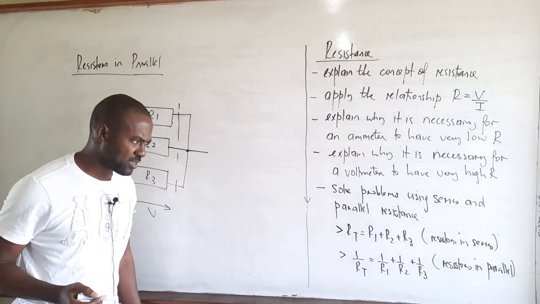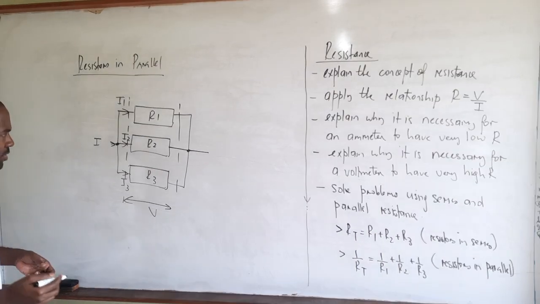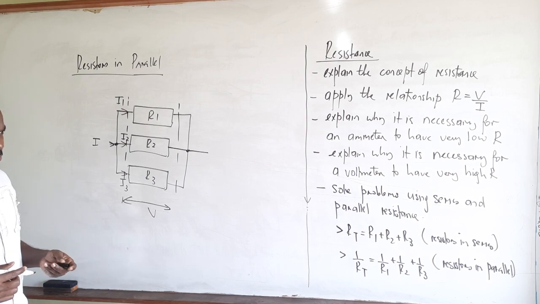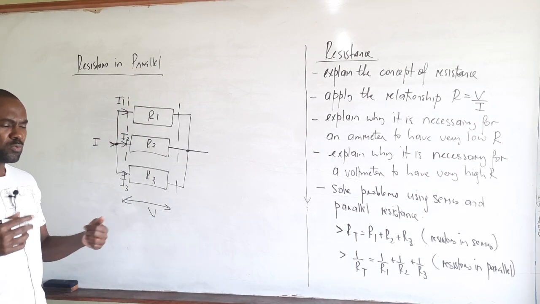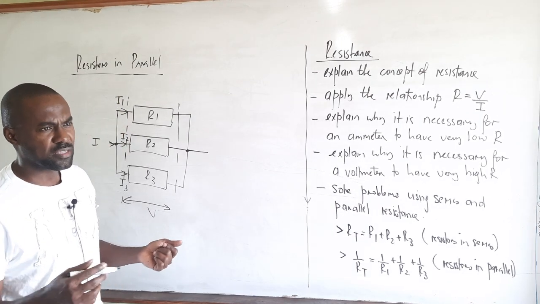So once again, the syllabus does not require us to be able to derive these expressions, but we'll just use them. Now, if resistors are connected in parallel, as they're indicated here, and by the way, looking at circuits, we should be able to tell how they're connected. But of course, we'll do a lot of questions and get some practice and be able to determine how resistors are connected and so on.